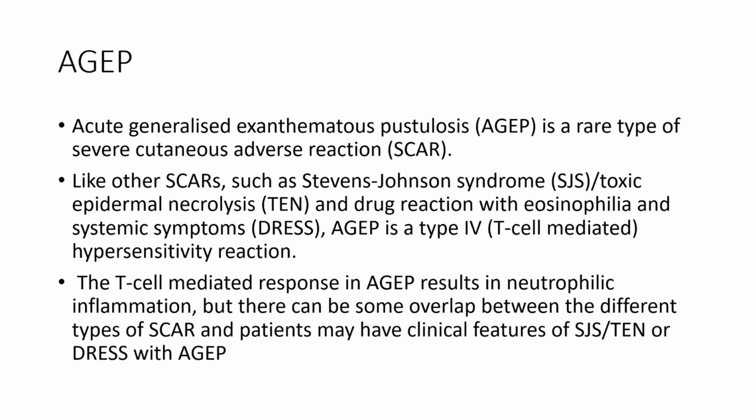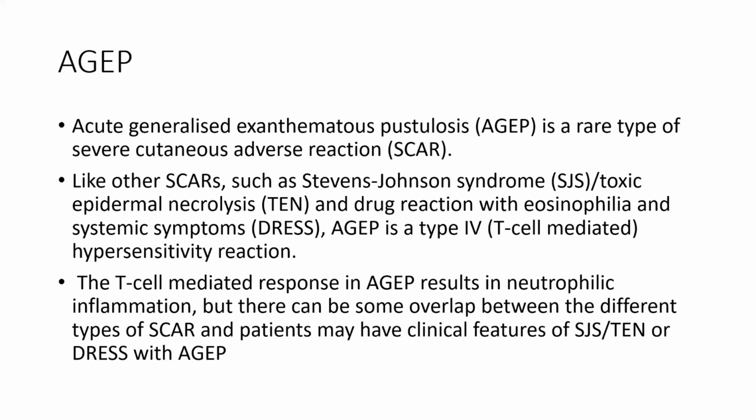On to AGEP. As said before, this is acute generalized exanthematous pustulosis, and it is a rare type of severe cutaneous adverse reaction. Like other SCARs such as Stevens-Johnson syndrome and TEN, as well as DRESS, AGEP is a type 4 hypersensitivity reaction.